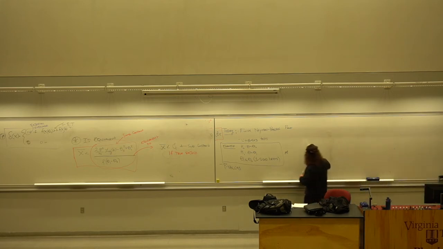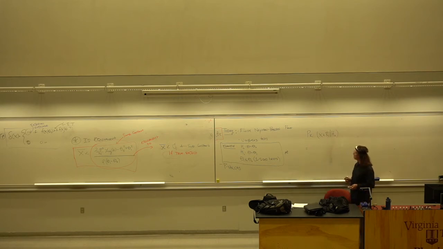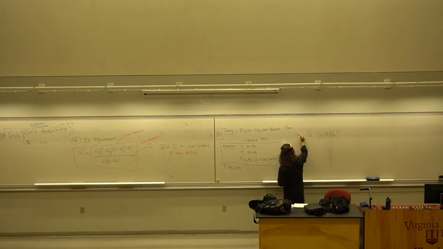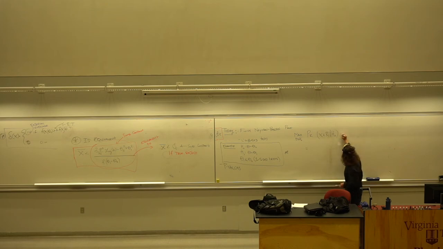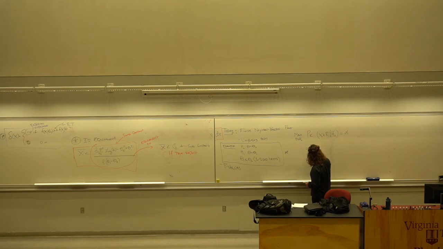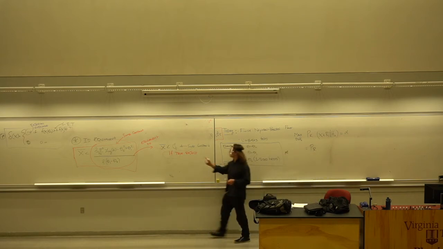Probability that x is in the rejection region, given h naught, we're going to maximize this thing to be alpha. So I want to have the max over theta element of h naught. Again, it's just a point for us, but I'll write this thing down. This is alpha. So this is equivalent to the probability. Our rejection region is defined by this right here.